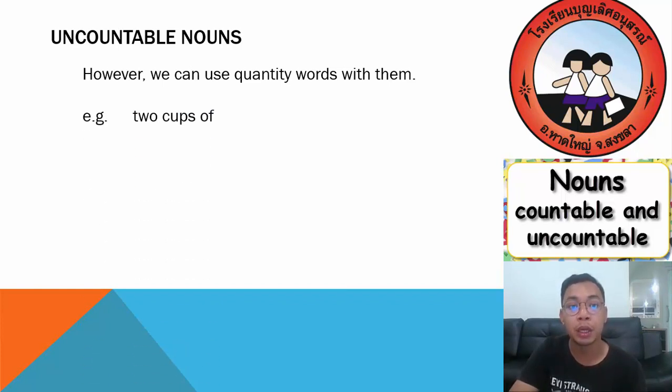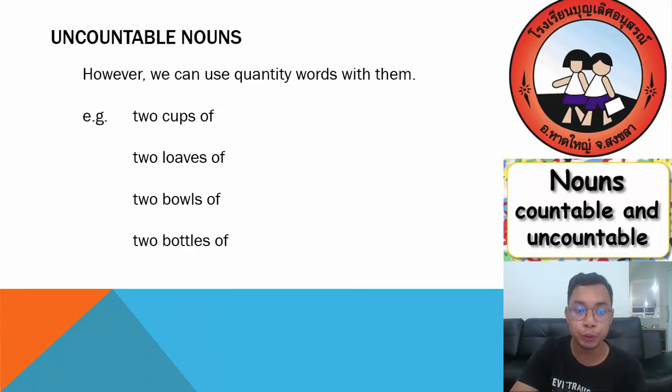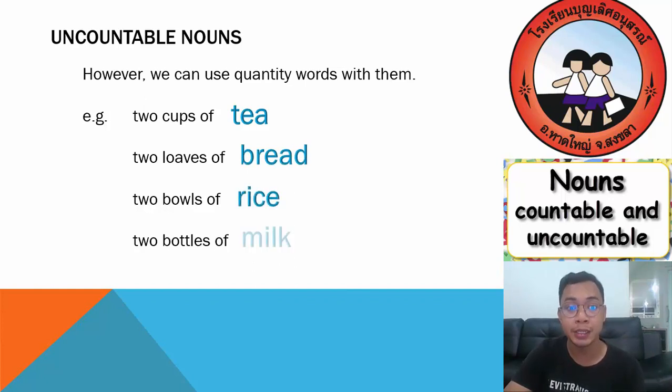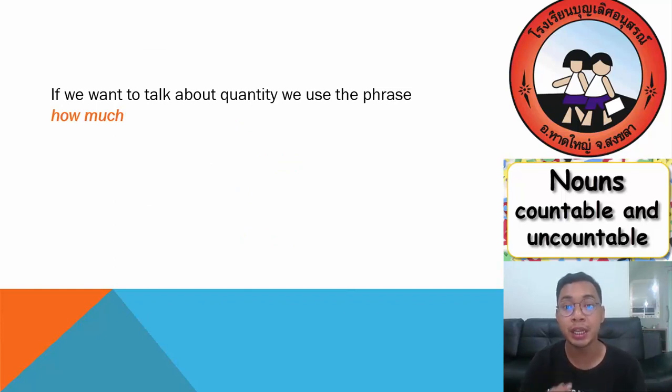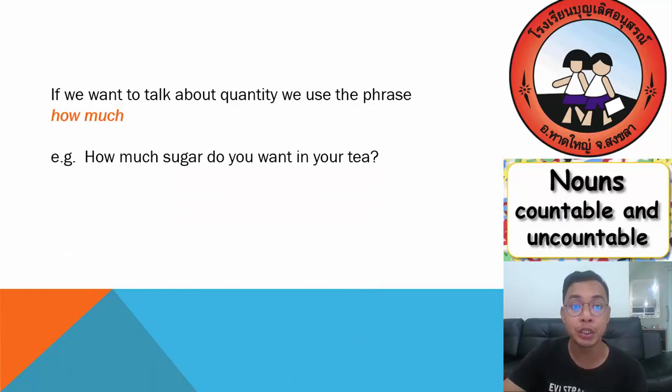For example, 2 cups of tea, 2 loaves of bread, 2 bowls of rice, 2 bottles of milk. If we want to talk about quantity, we use the phrase how much. For example, how much sugar do you want in your tea? Sugar is uncountable, you cannot count sugar because there are so many.